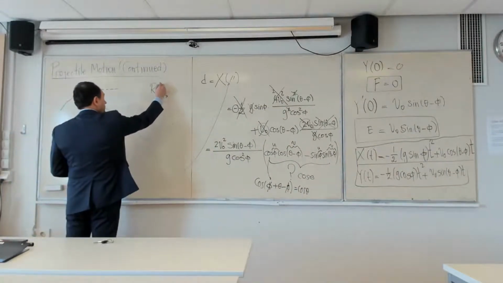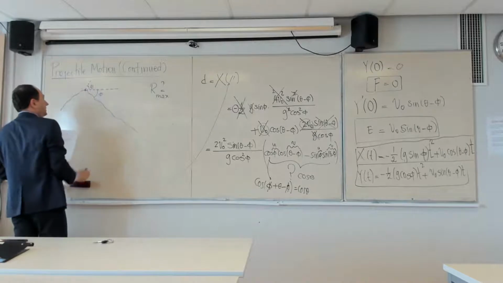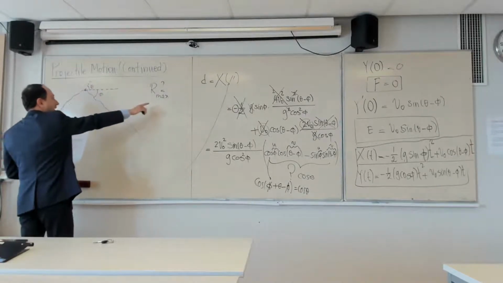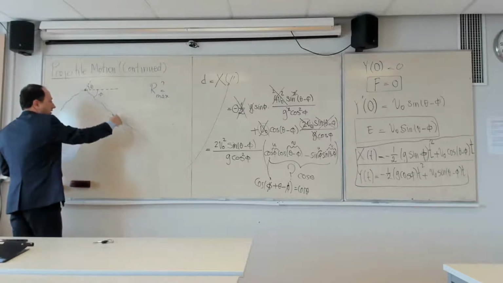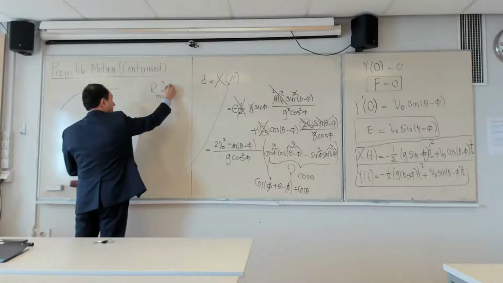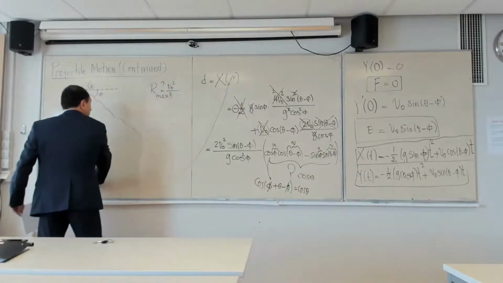So we want to show that if this athlete shoots the particle, the ball or whatever, the maximum range on this hill follows this formula, v naught squared divided by g. Let me write it properly here.